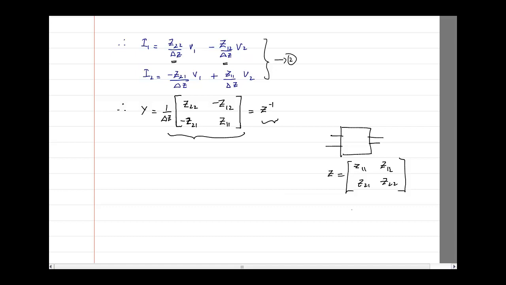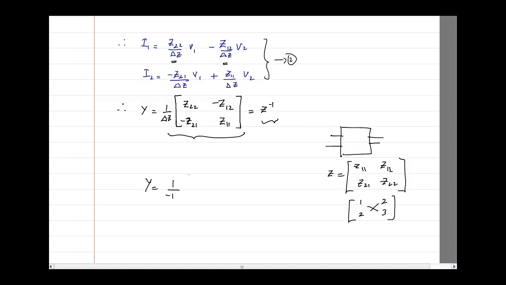For example, suppose I am having this value, just as the previous case I said 1 2 2 3, suppose this is the z parameter that I have got, then y parameter is quite easily obtained by 1 divided by delta z. Delta z is going to be 1 into 3 minus 2 into 2, which is going to be minus 1.